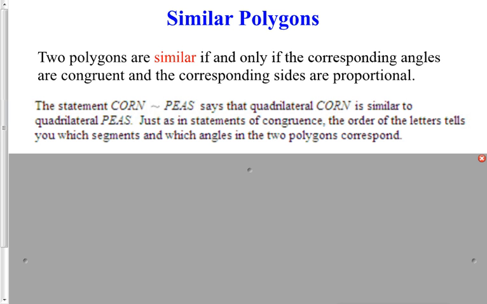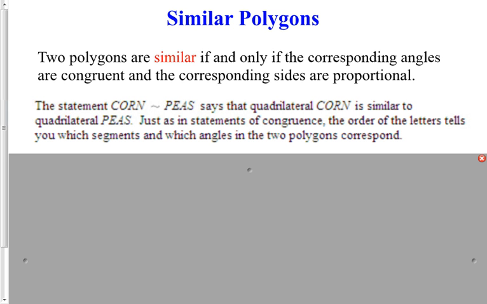So this statement right here is what we call a similarity statement. It's telling us the two quadrilaterals are similar to one another. Just as in statements of congruence, the order of the letters tells you which segments and which angles in the two polygons correspond.